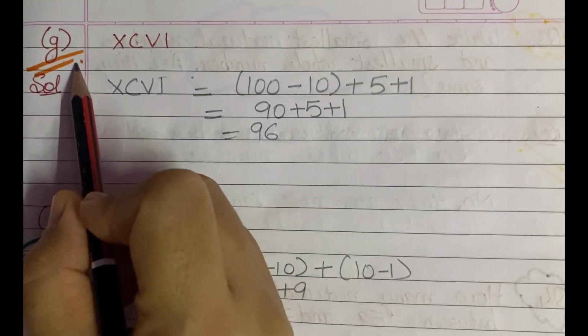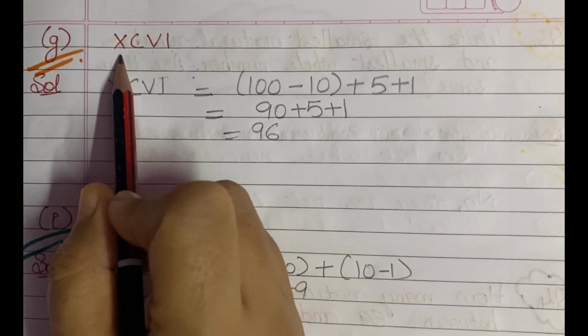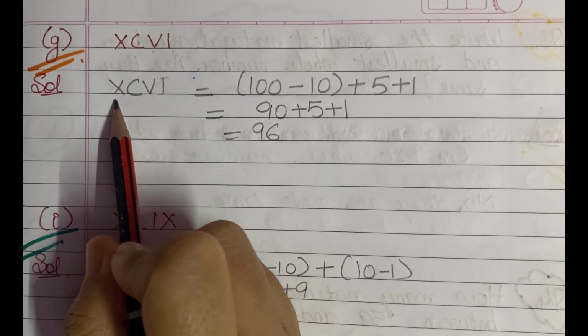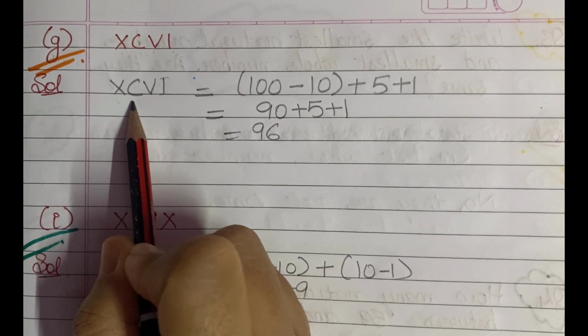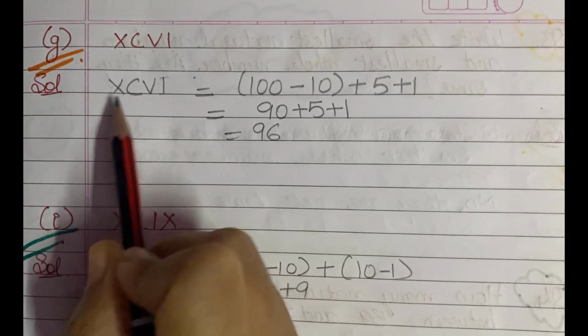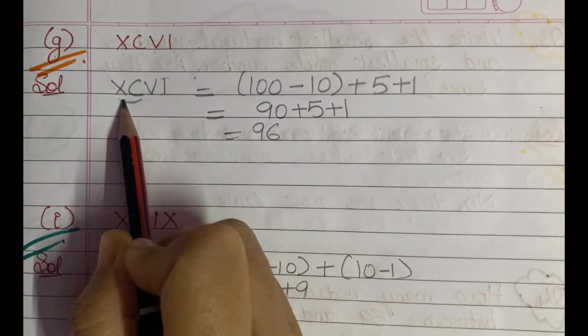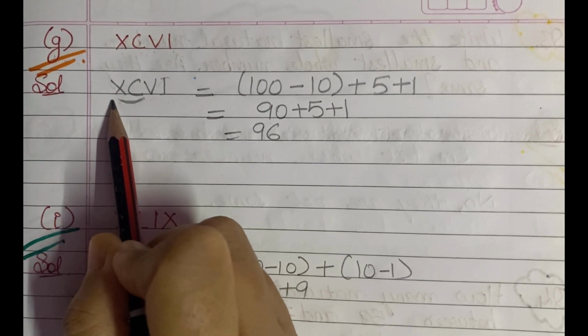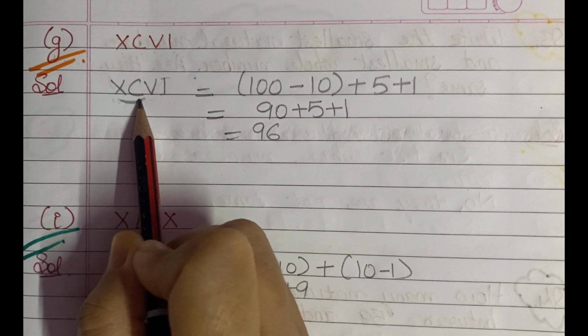Next is G part. In G part we are having XCVI. Now students, you know that X stands for 10, C stands for 100, and V stands for 5, I stands for 1. Now here if you will see the first two Roman numerals, the smallest Roman numeral is written to the left of the biggest Roman numeral.